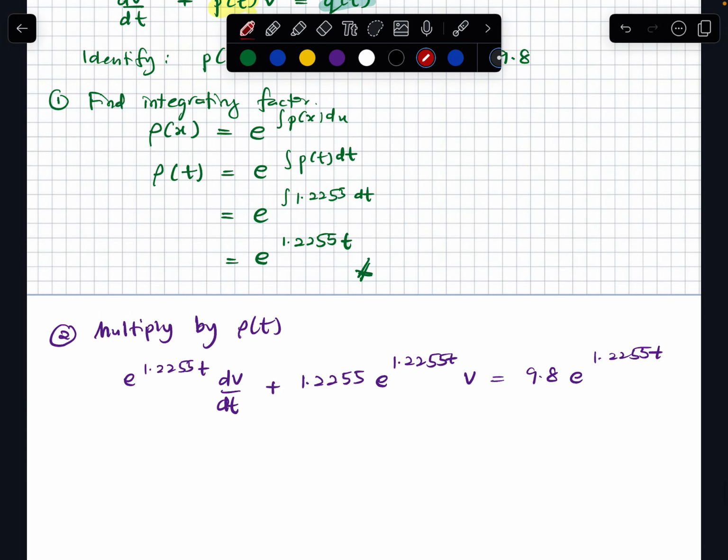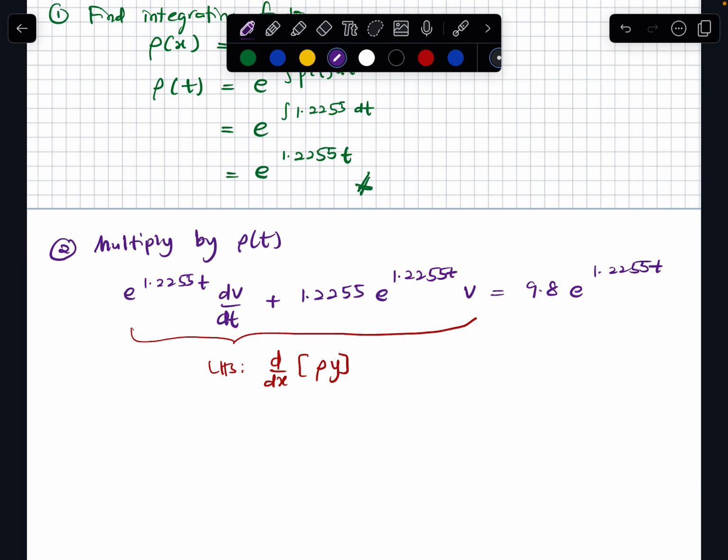Then the third step is to represent the left hand side here as d/dx of rho y. So based on our variables, we are using d/dt, rho is this, y is v. And then the right hand side. Next, we integrate both sides.